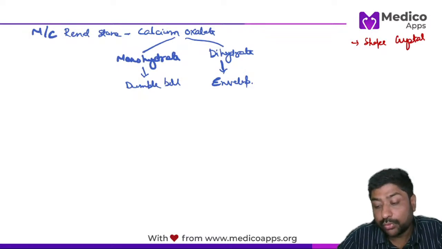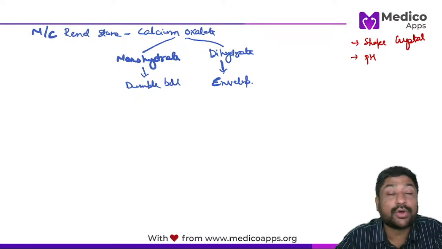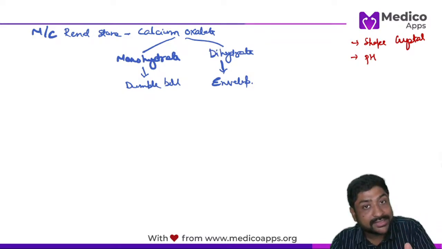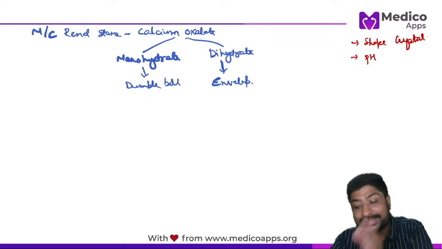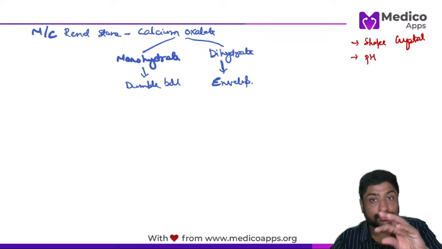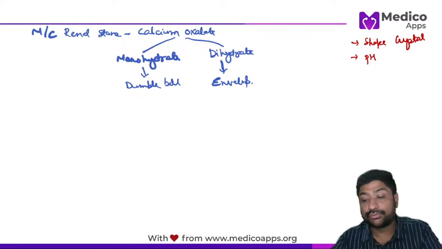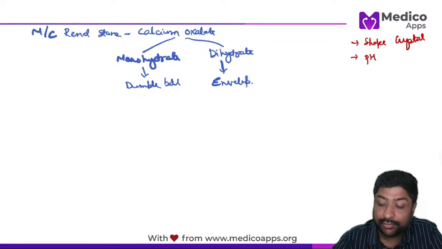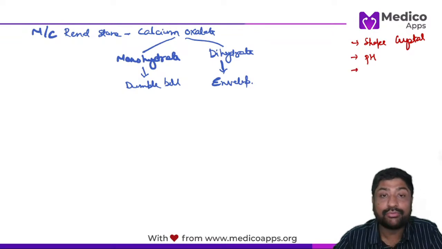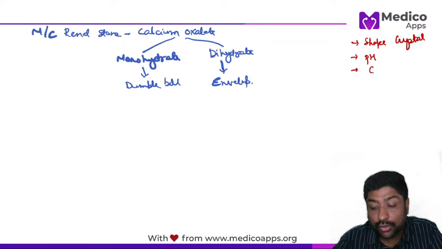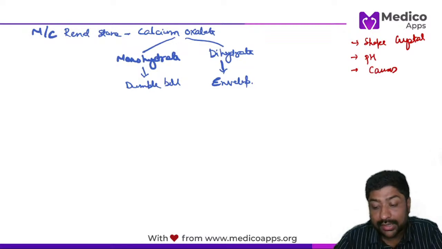You also have to know if the stone is found in certain pH. Some stones form in acidic pH, some stones form in basic pH. So is there some correlation of the formation of the stone with the pH of the urine? Then also you may have to know what are the causes of those particular stones. And lastly, how to prevent recurrence.